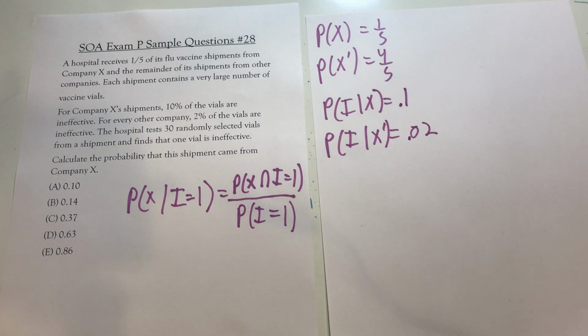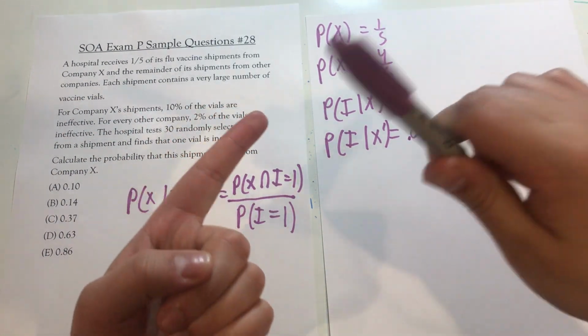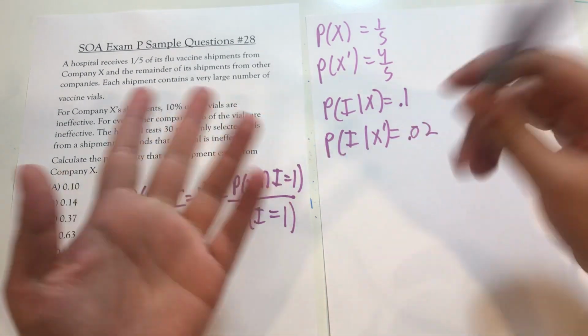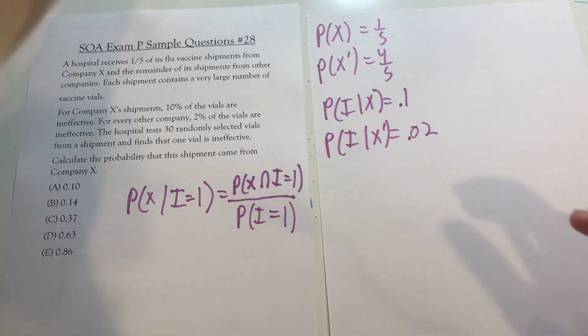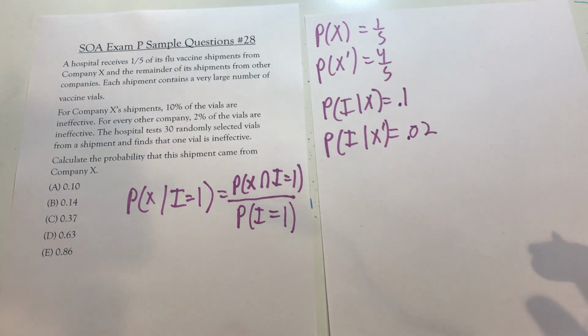I'm assuming you're familiar with a binomial random variable, but a brief overview: it describes pass-fail scenarios. In this case, a vial is either ineffective or it isn't, where oddly enough, we're considering a pass being an ineffective vial.